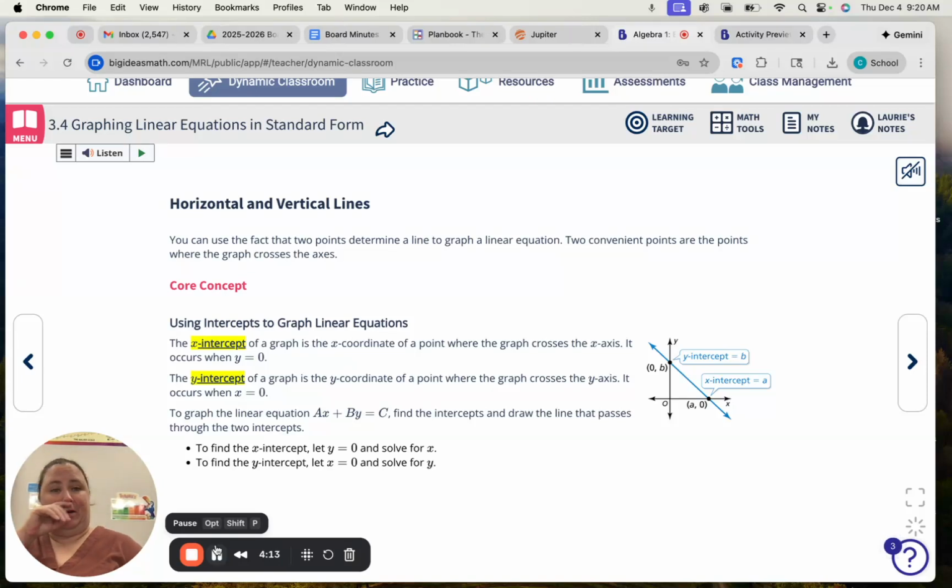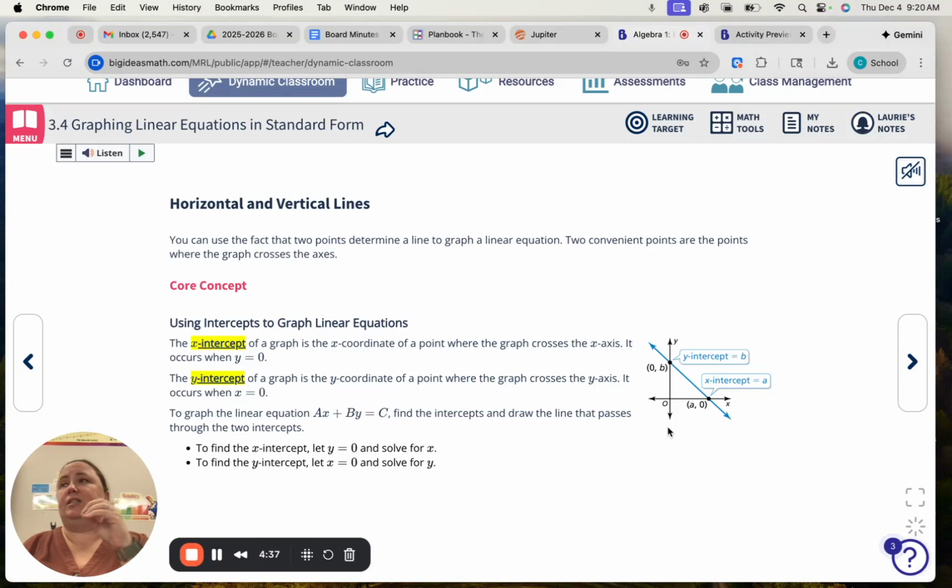All right, algebra. Horizontal and vertical lines. We're doing a bunch of those. You can use the fact that 2 points determine a line to graph a linear equation. We've already been doing that. 2 convenient points are where they cross the x and y axis. Because if I have this point and this point, it's really easy to graph it. You just go on the line, put a dot, go around the line, put a dot, connect them.